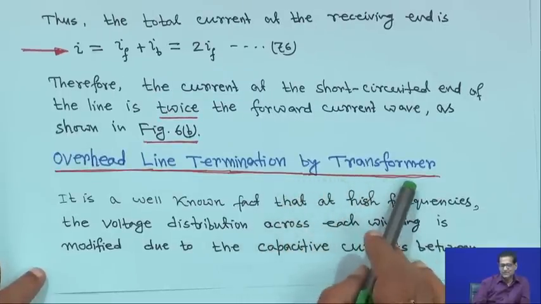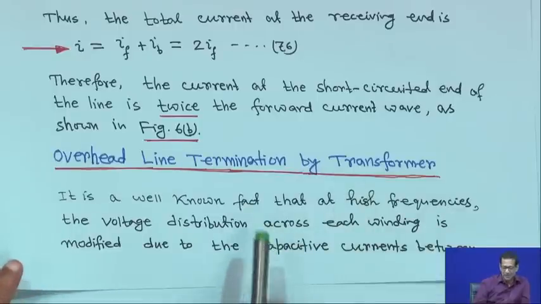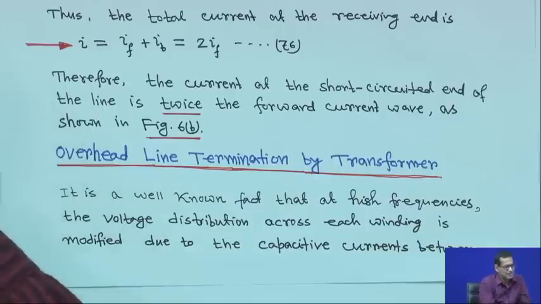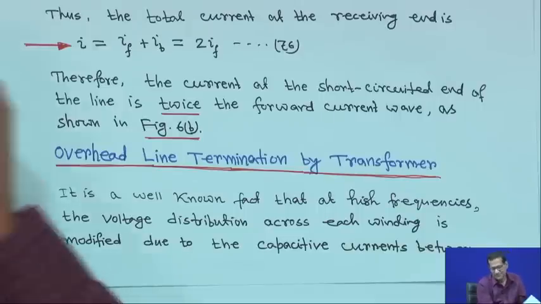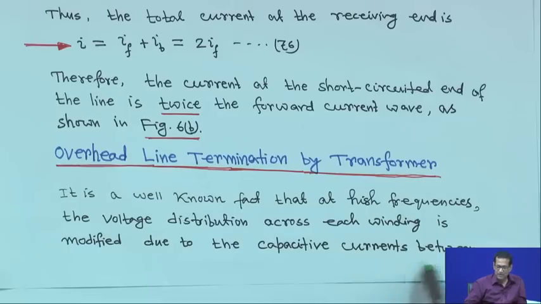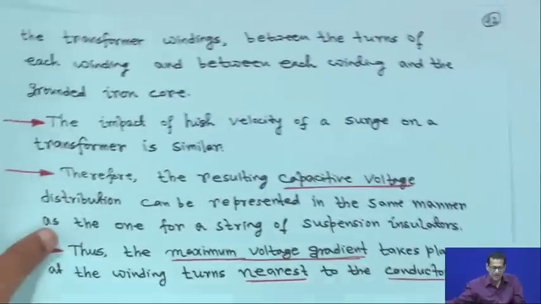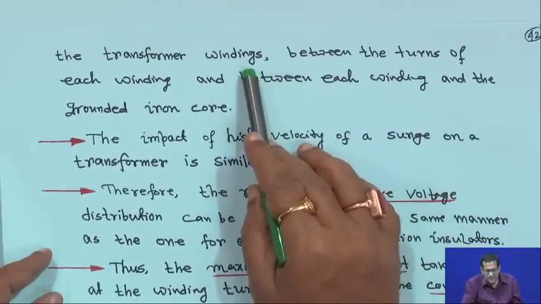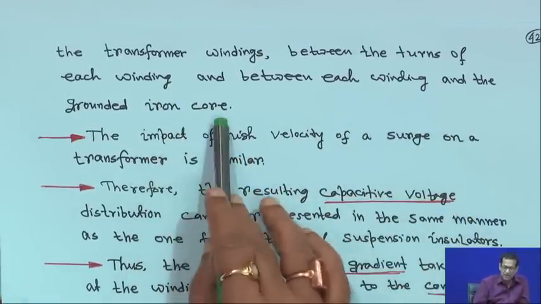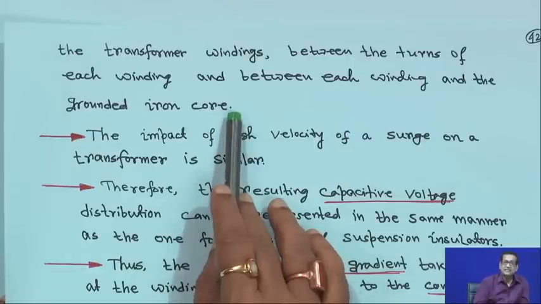It is well known that at high frequencies the voltage distribution across the winding is modified, right, due to the capacitive currents between the turns of each winding, and between each winding and the grounded iron core. So at high frequency this can happen.